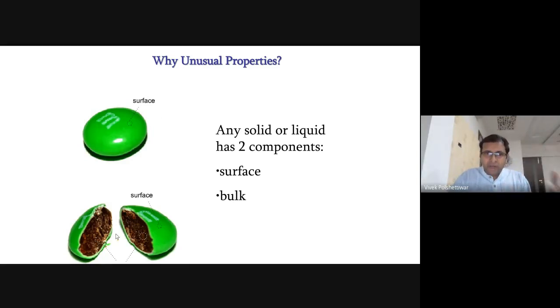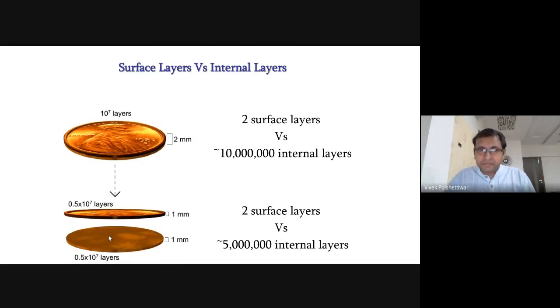Now, what you see, most of the content of this material is in the bulk and only a small portion is on the surface, right? But interaction with a molecule or your own hand can only touch the surface, right? So this is another example. A coin, which has two surface layers and 10,000 internal layers.